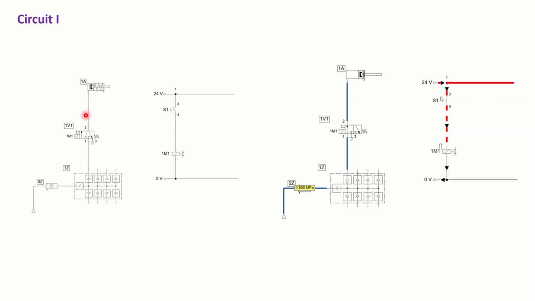Now let's look at this part, which is the pneumatic side of this circuit. Similar to what we have for a pneumatic system, we would have the air supply, air service unit, and manifold. These three components, right? And then we would have a directional control valve, which provides the air from the manifold, or let's say from the air supply side, to the actuators.